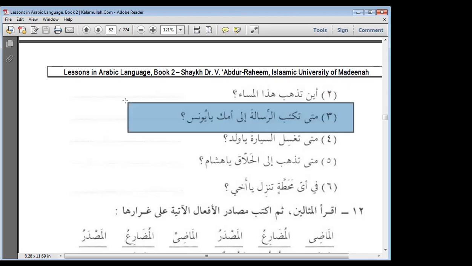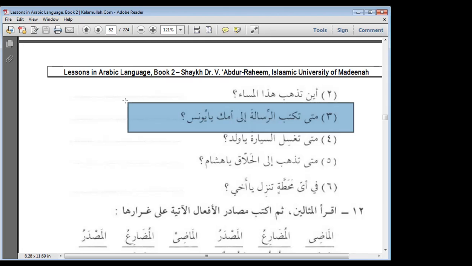Mata taktubu الرسالة إلى أمك يا يوسف؟ When will you write the letter to your mother, O Yusuf? كتب يكتب تكتب, right?